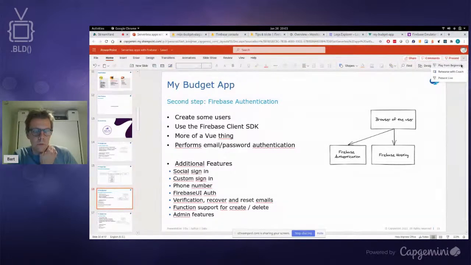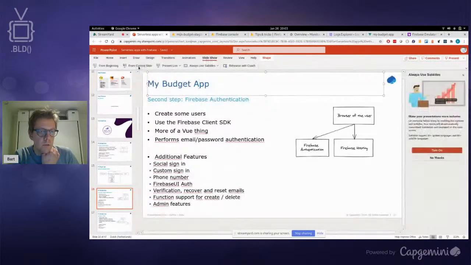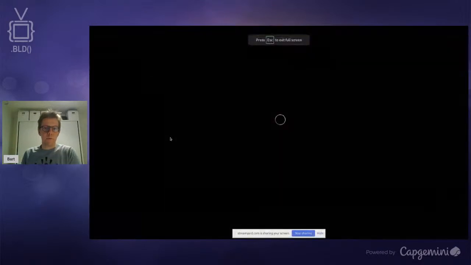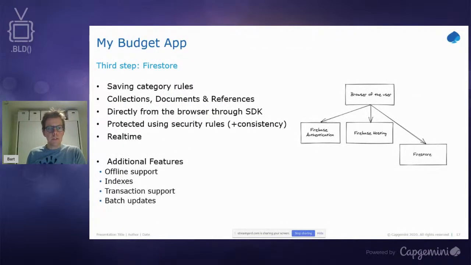Okay, so let me quickly continue from the current slide, the one I was looking for. And then, of course, you need to start storing things. For my home budget app, the idea is that you need to store transactions. If you download them from your bank, in my case ABN AMRO, you get transactions without categories.